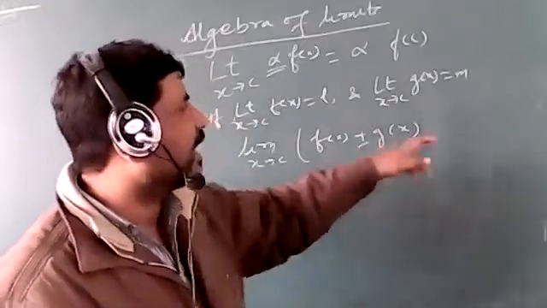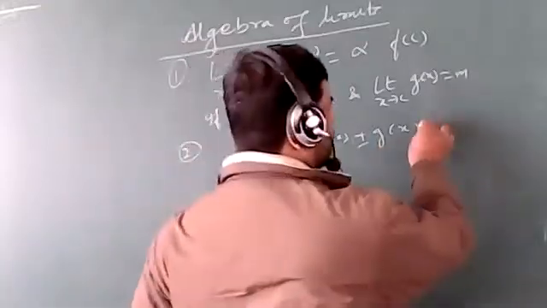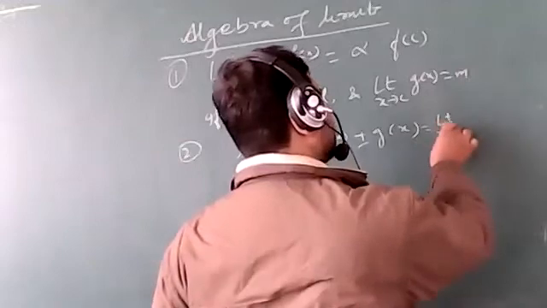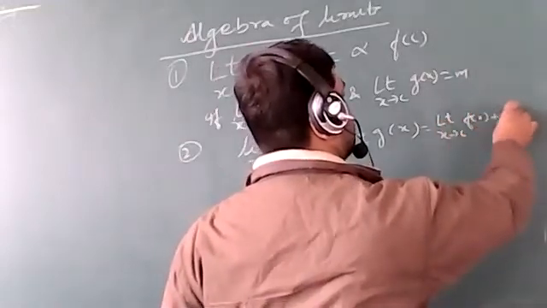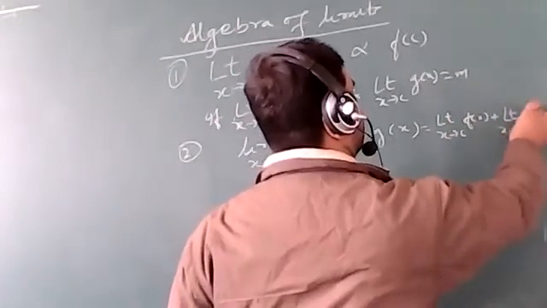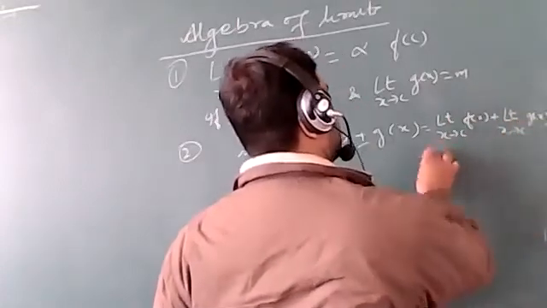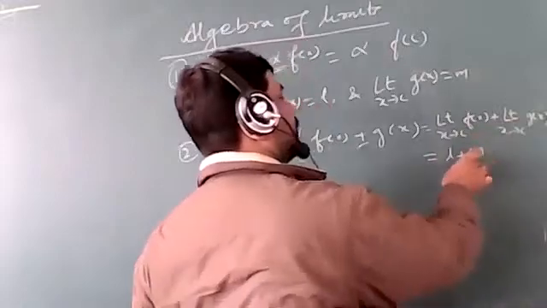If we take minus here, the right side also will be minus. This equals limit x tending to c f(x) plus or minus limit x tending to c g(x) separately. That will be L plus or minus m.